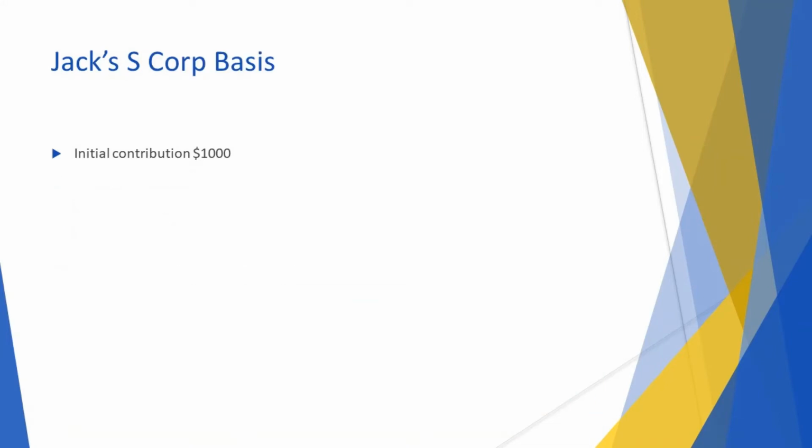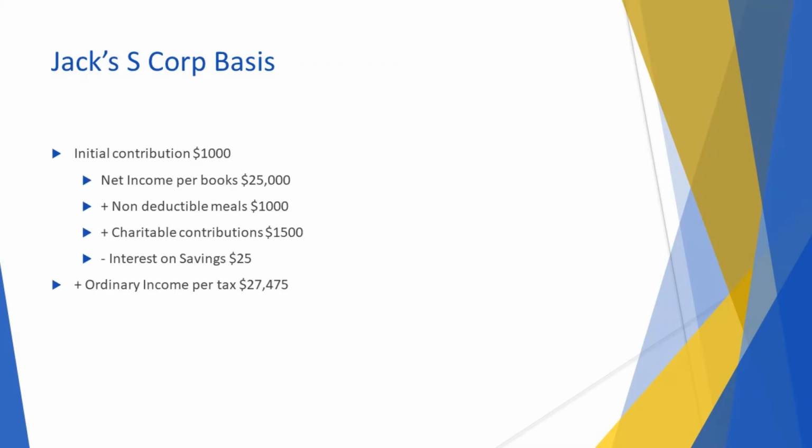Let's look at his basis. Capital contribution of $1,000. Addition of ordinary income, $27,475. Addition of interest income, $25. Subtraction of non-deductible meals, $1,000.